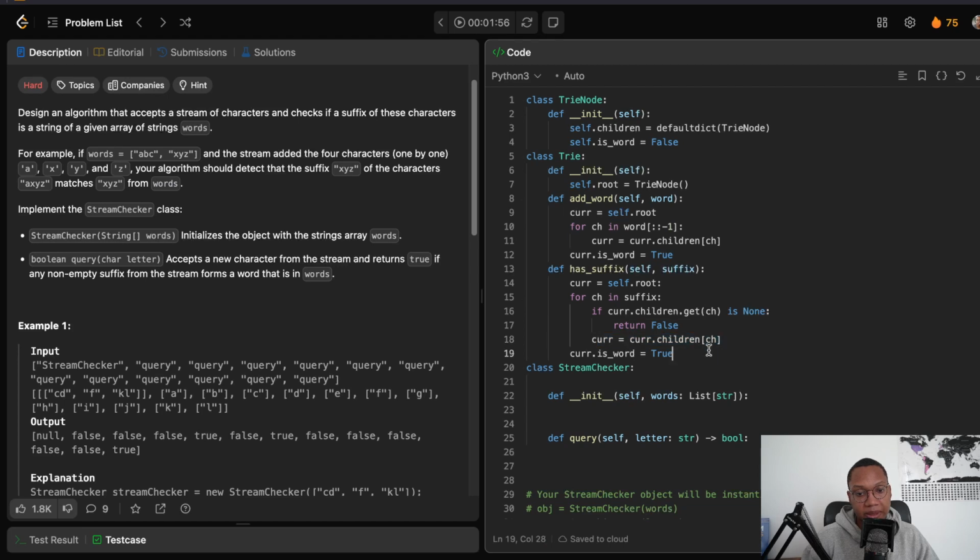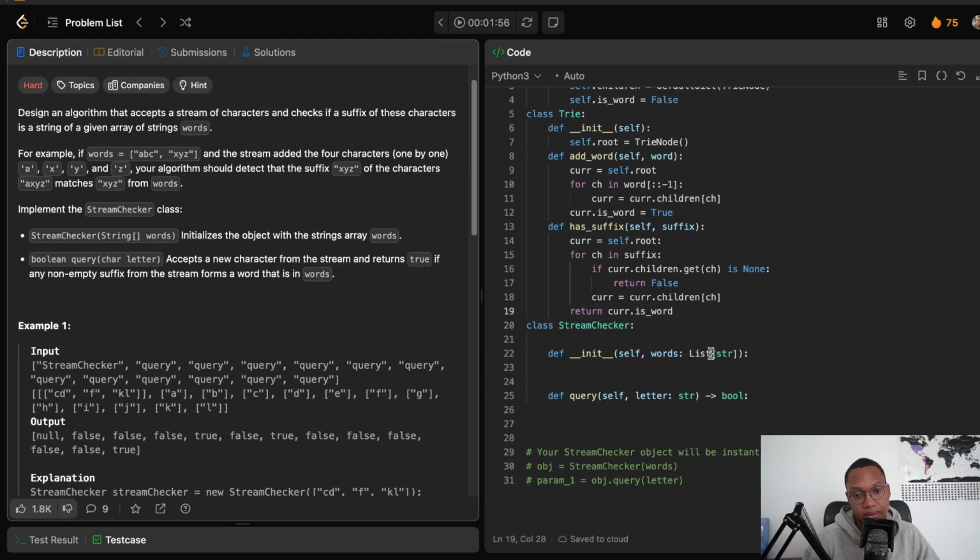We'll go deep, deep, deep, deep, deep, and then we'll just return current.is_word. It accepts a new character from the stream and returns true if any non-empty suffix from the stream forms a word in words, I guess.